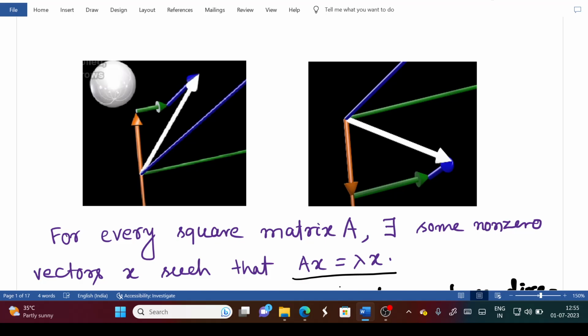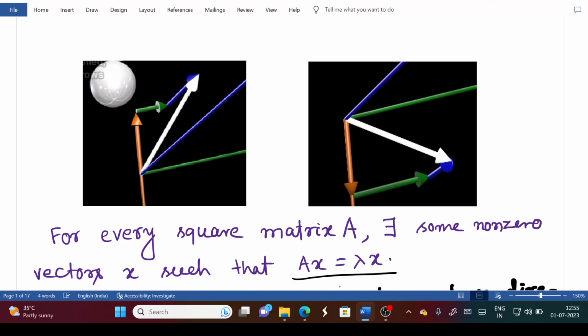So the vectors which are transformed to their parallel or anti-parallel vectors are called eigenvectors or characteristic vectors, and the value which is multiplied to it is said to be an eigenvalue of the matrix A or of the linear transformation A.